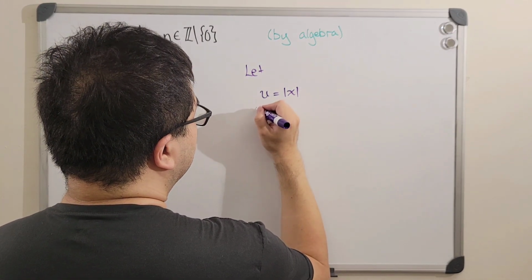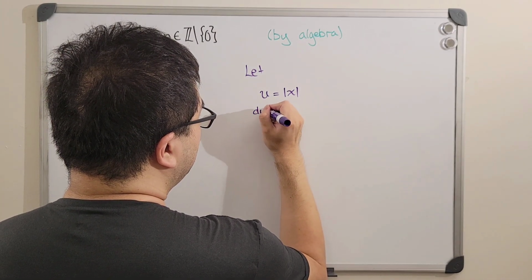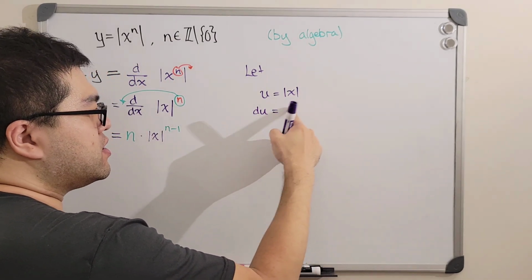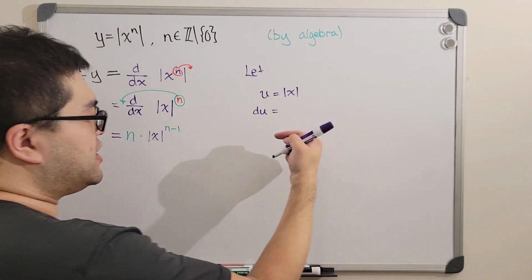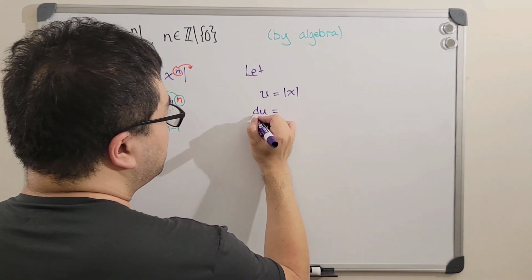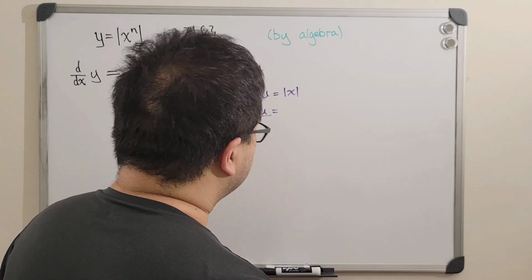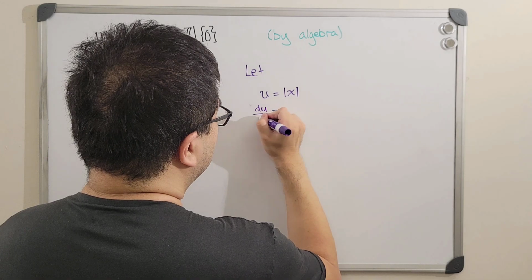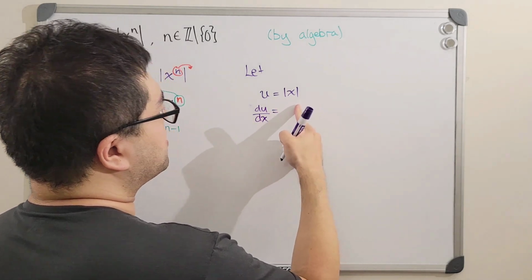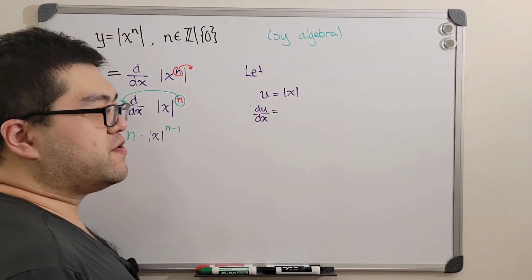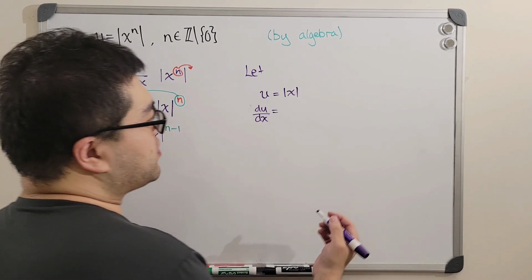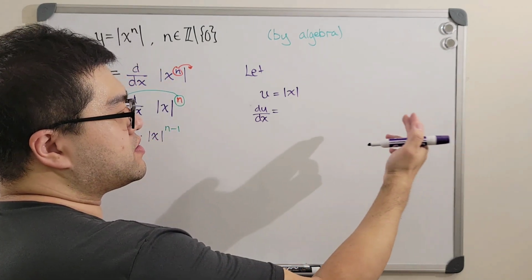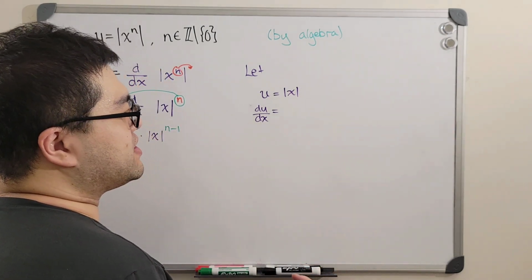So if we take the du here, then we have the absolute value of x on dx, which is du over dx. du over dx is equal to the derivative of the absolute value of x, which, if we think of the graph, is either positive 1 when x is greater than 0 or negative 1 when x is less than 0.